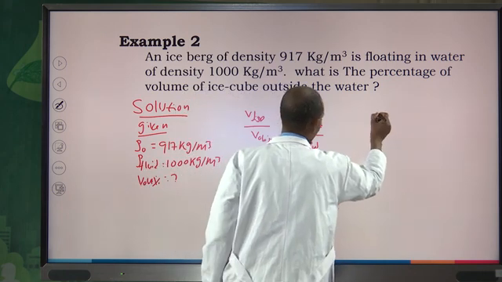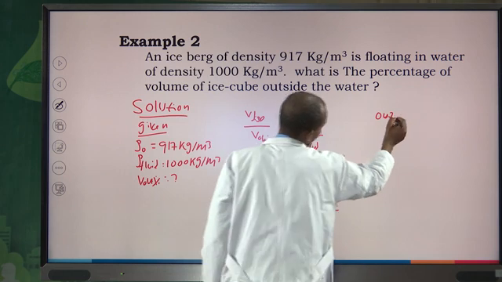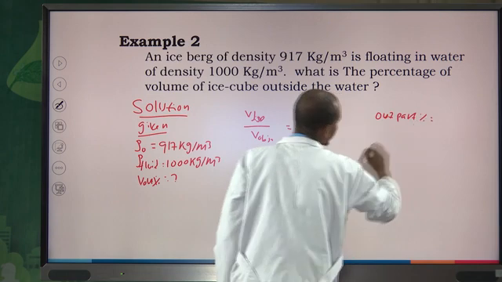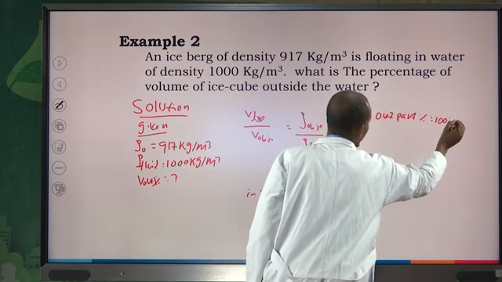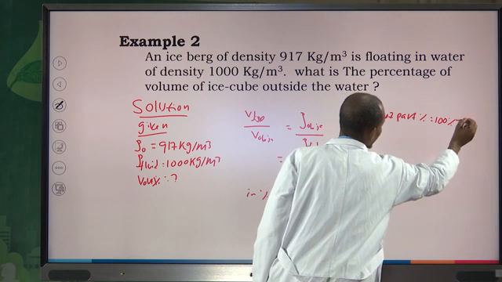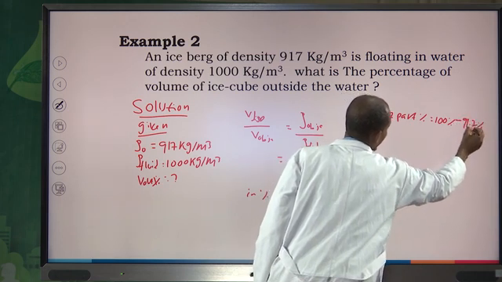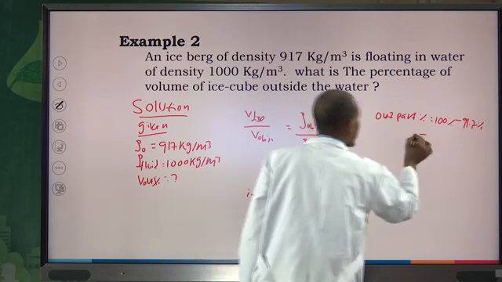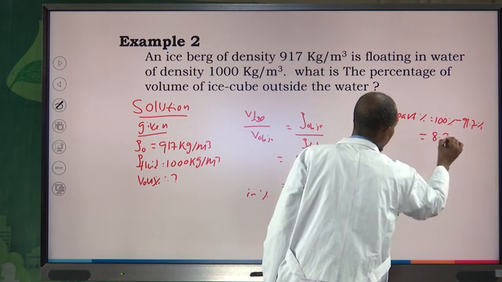So the outside part in percent is equal to 100% minus 91.7%, which becomes 8.3%.